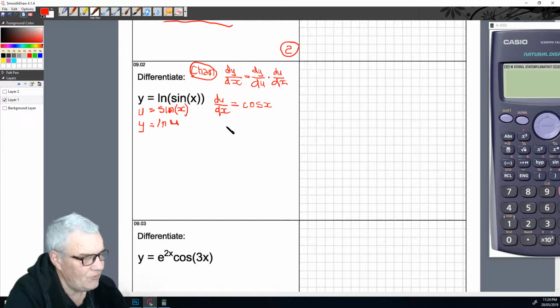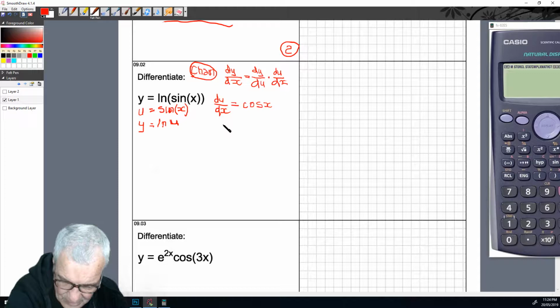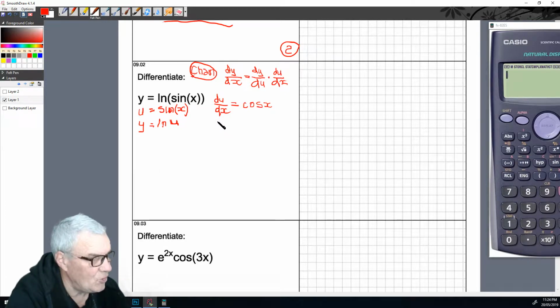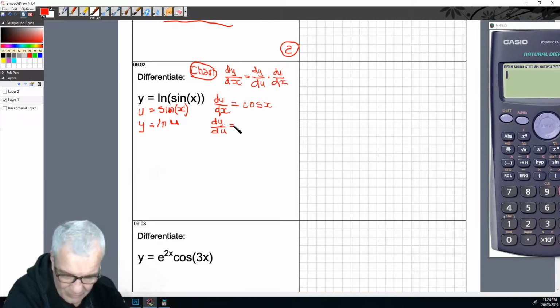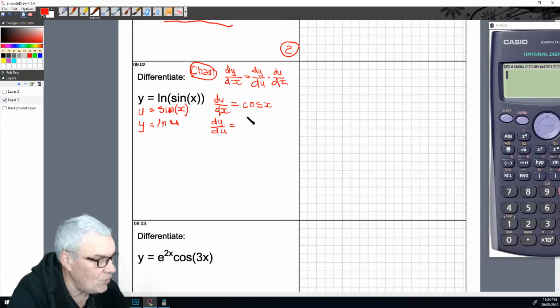And dy by du, the derivative of log to the base e of u, equals 1 over u.